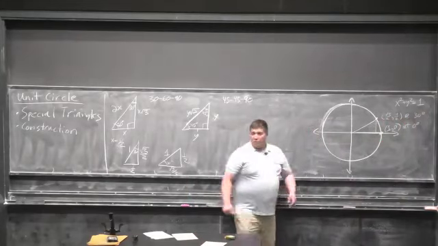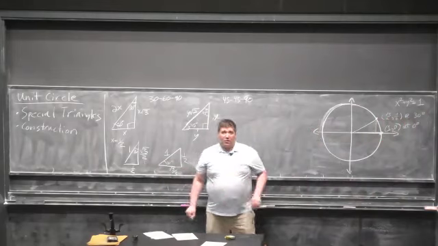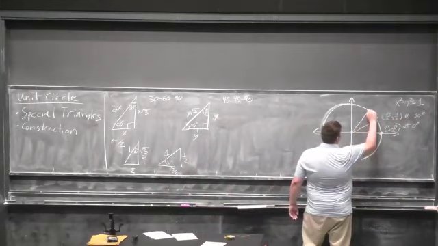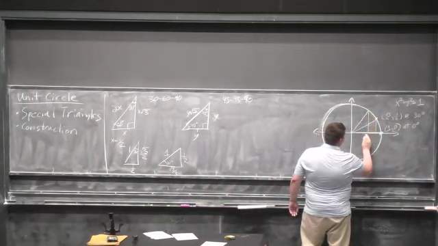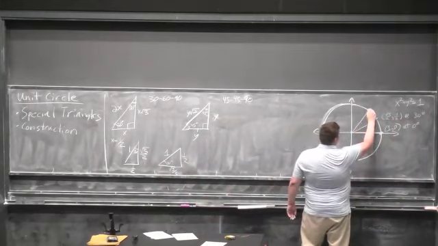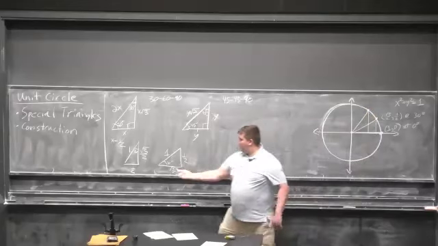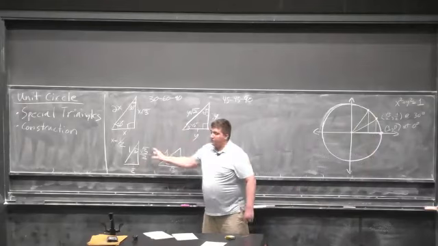Okay, well, we already have the other part of this, and we have another triangle here. And this one is 60 degrees, and so we have 1/2 and square root 3 over 2.